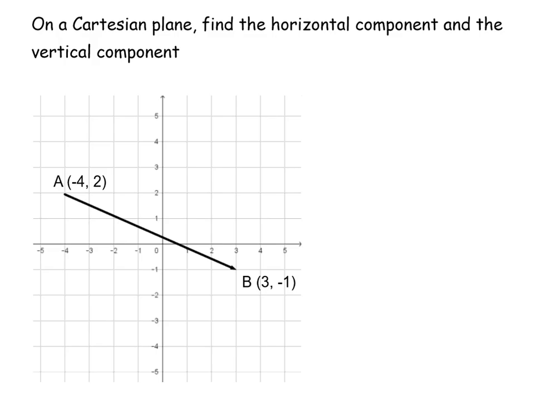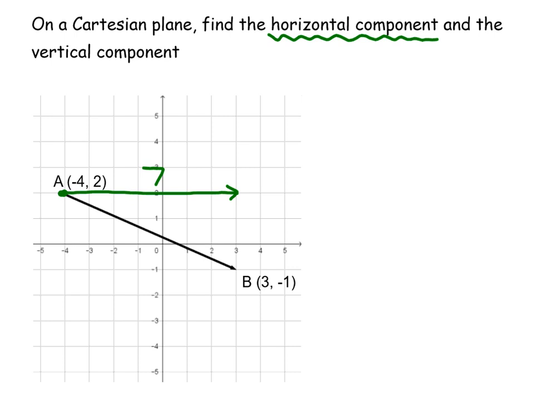On a Cartesian plane, you're going to have to find the horizontal component and the vertical component. So I'm going to show the horizontal component in green. If I start from here and I'm going horizontal, I'm going this way. So this will be my horizontal component. So I'm moving 4 in the negative plus 3 in the positive. So I'm moving 7.